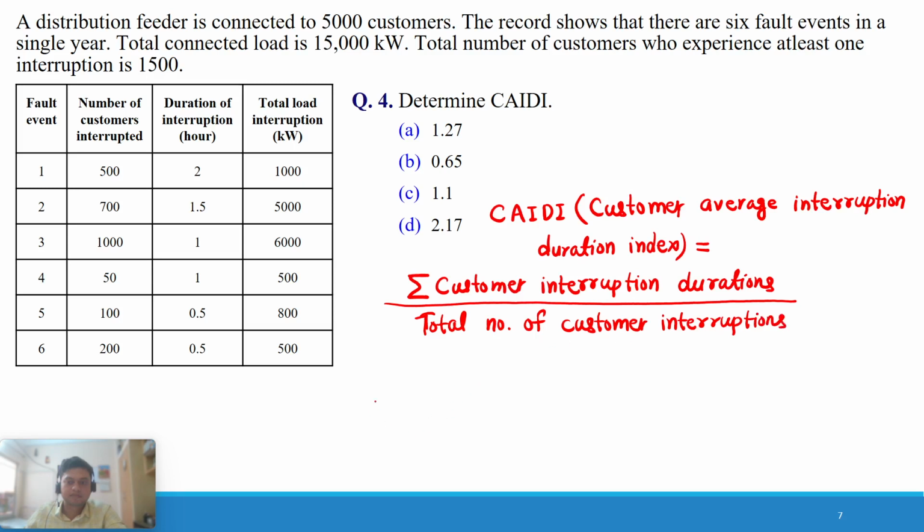So we can say CAIDI is customer interruption duration, sigma RI, and total number of customer interruptions is sigma NI. So this is CAIDI.